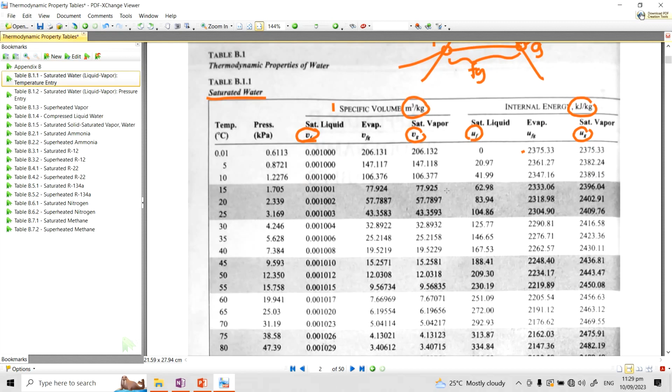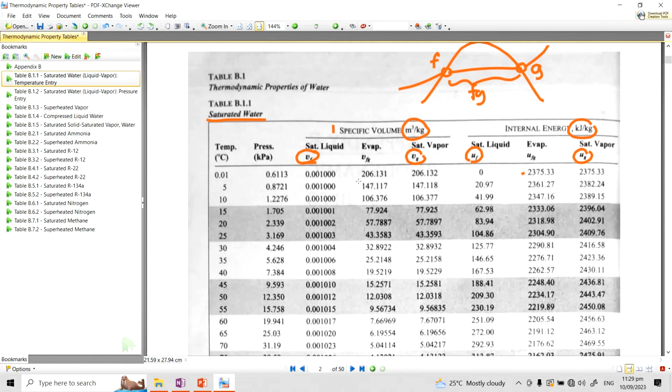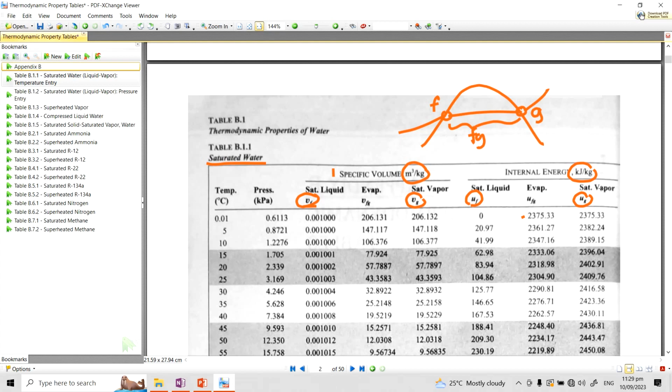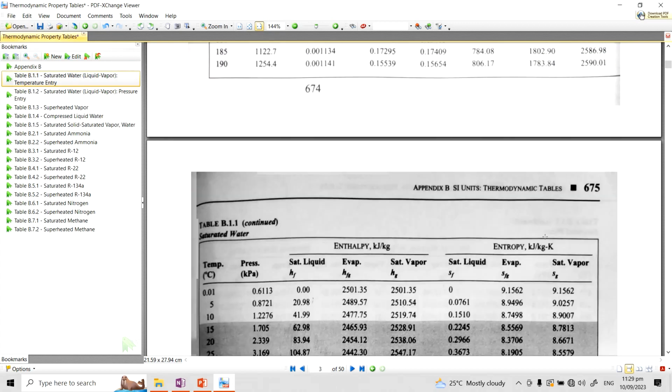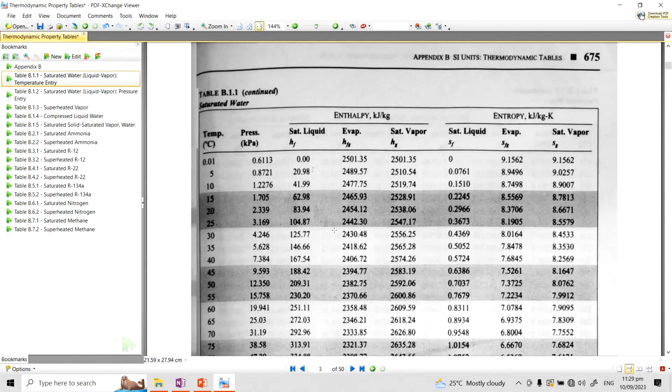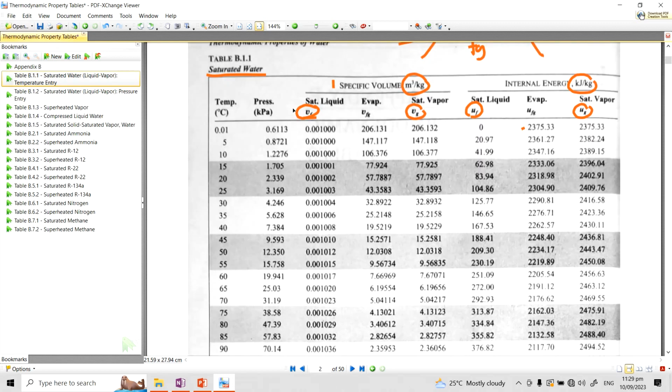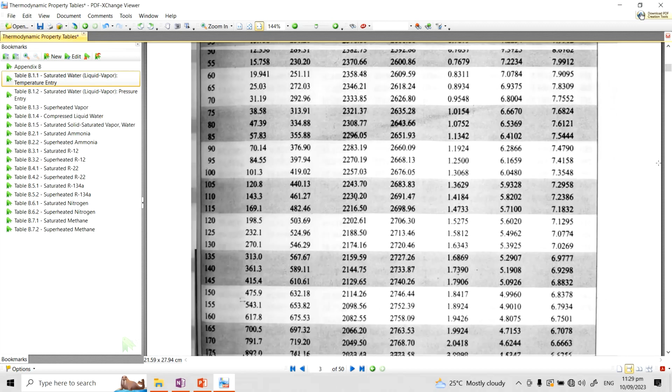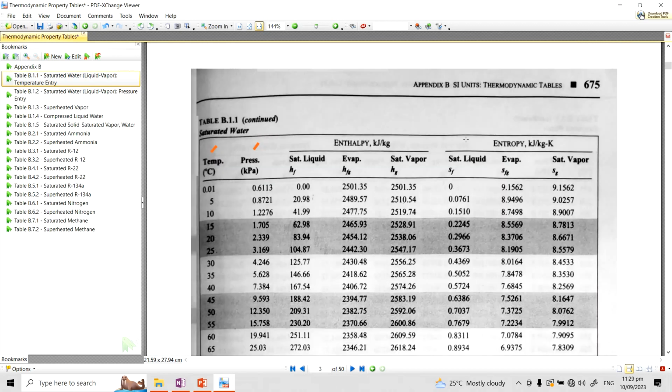Okay, so next page. In this page we only have specific volume and internal energy, and if you check the second page, we have actually the same temperature and pressure. So this is 0.01, 5, and 10. You check here, it's the same 0.01, 5, and 10, but the properties are different.